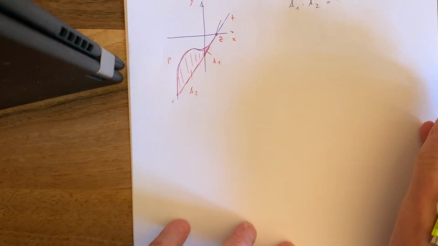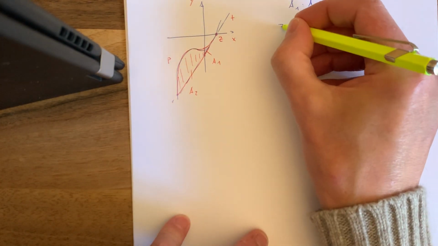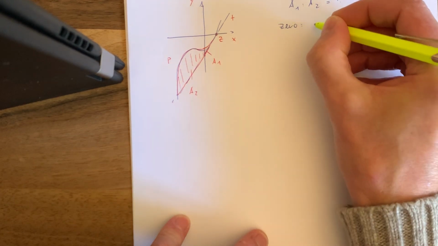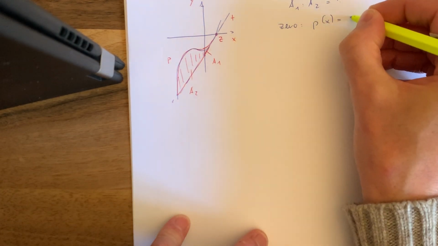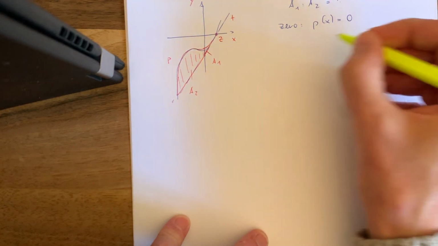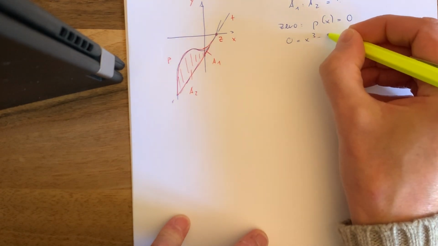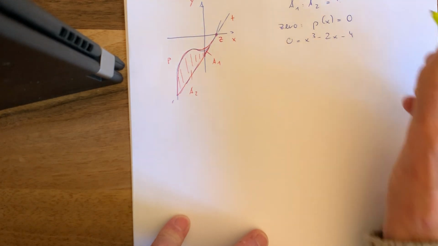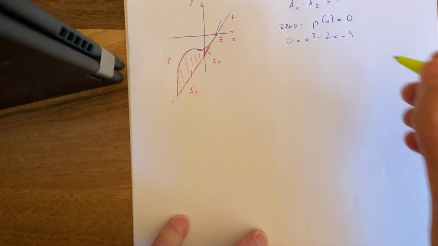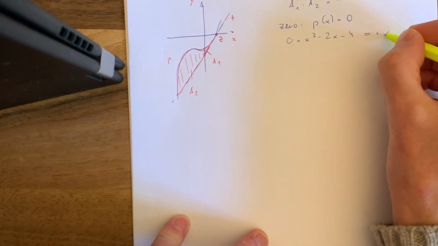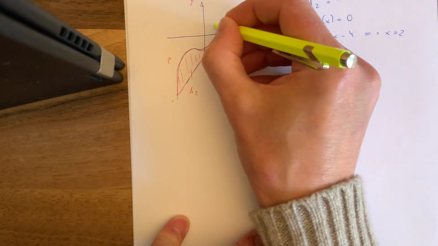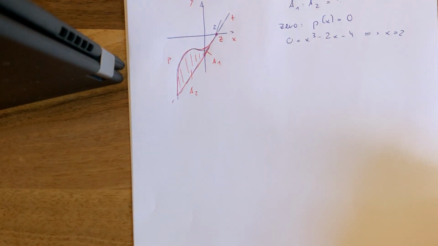Otherwise, we won't be able to solve that exercise at all. So let's start with the zero. No problem at all. Setting the function equation equal to 0 and solving for x. Well, just take your calculator and that's it. So this leads to x equals 2. So here the 0 is at 2.